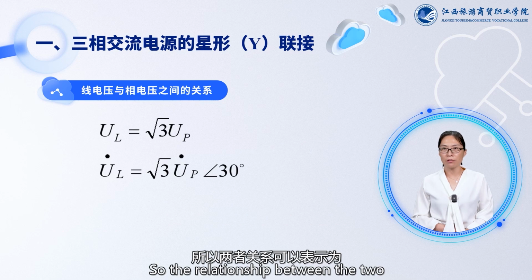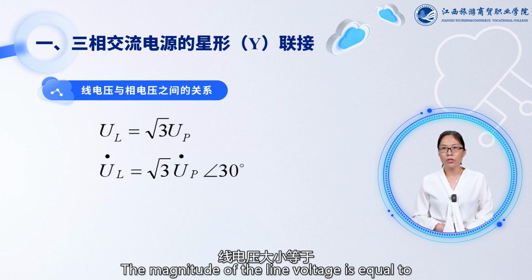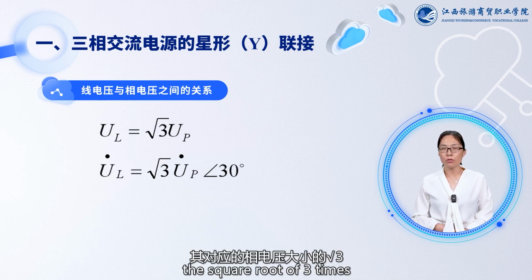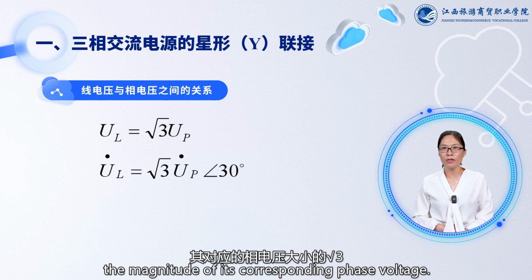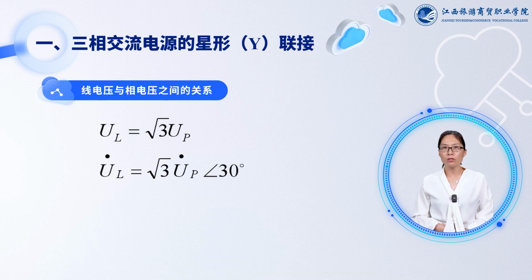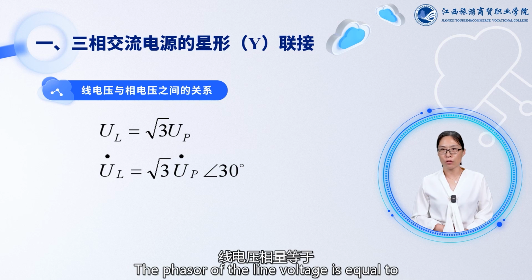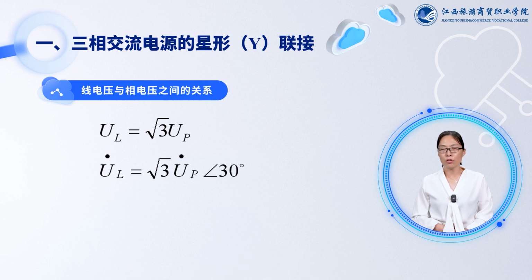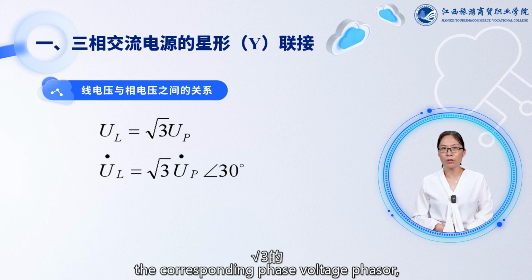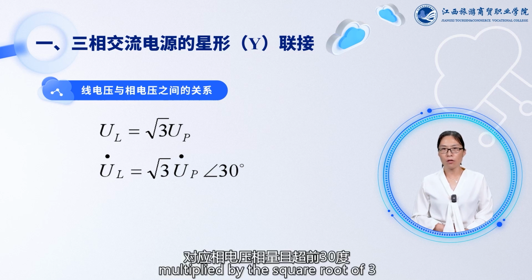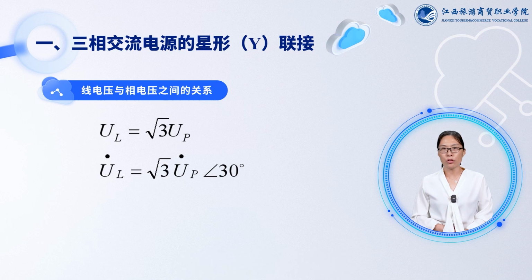So the relationship between the two can be expressed as: the magnitude of the line voltage is equal to the square root of 3 times the magnitude of its corresponding phase voltage. The phasor of the line voltage is equal to the corresponding phase voltage phasor multiplied by the square root of 3 and leading by 30 degrees.